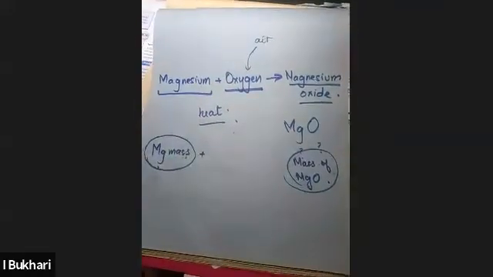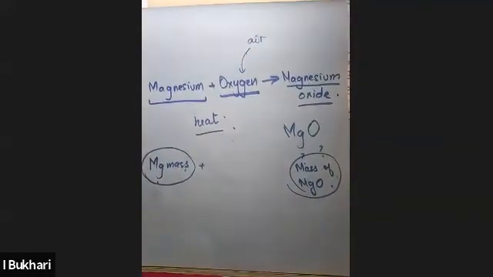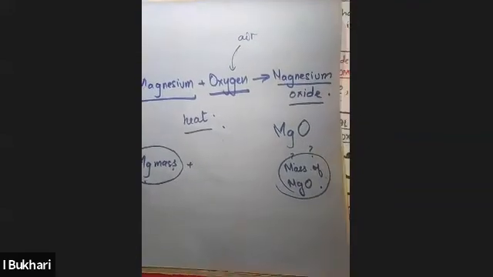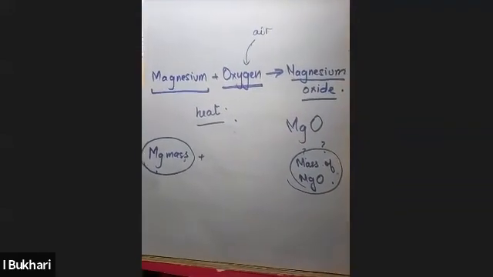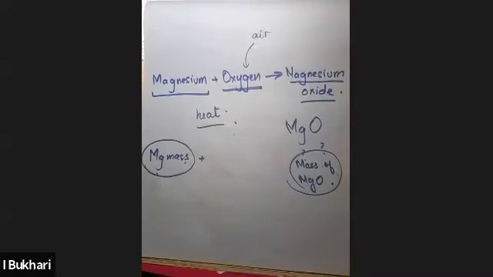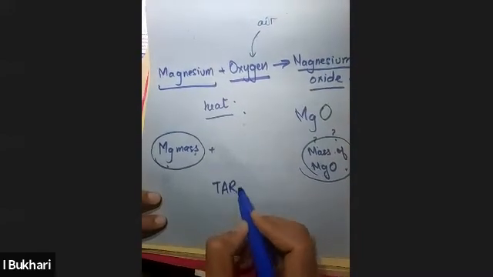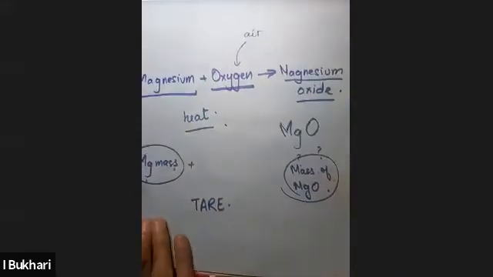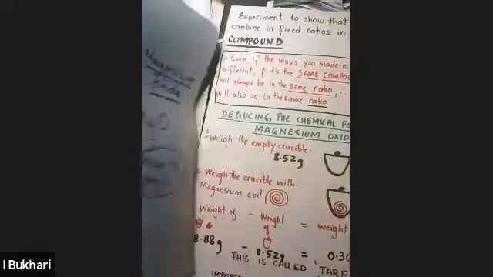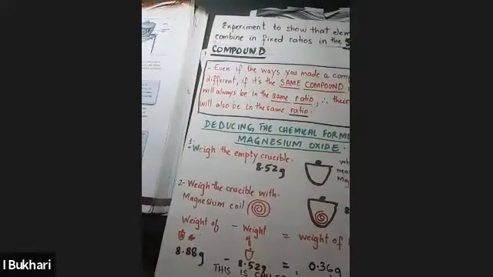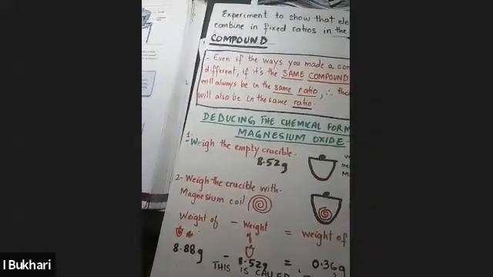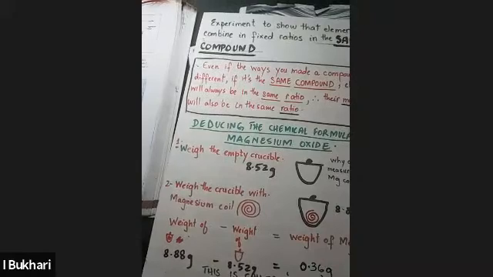Now, how to measure the mass of magnesium? In chemistry, what is the best way of measuring the mass of any substance? Samdos? We take tare, right? Remember I talked about tare. What is tare? Here in this experiment, we are using a crucible.